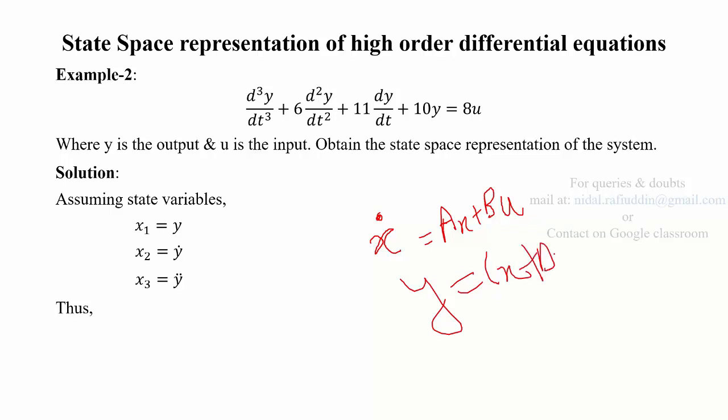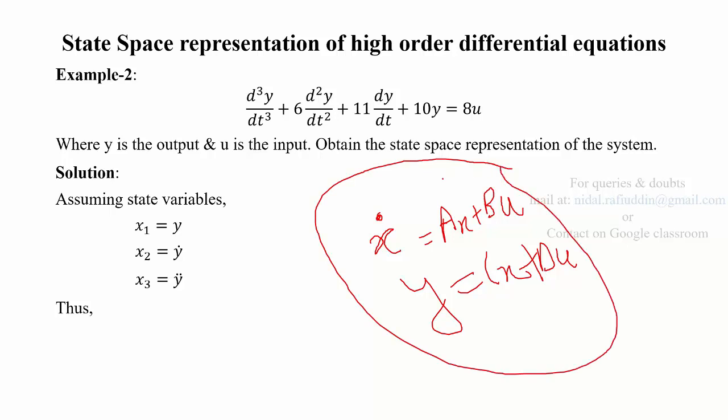Whenever you're asked to find the state space representation, you will have to include this answer at the end. We are required to find a relation between the state change and the state as well as the input, and likewise a relation between the output and the state and input. A, B, C and D are matrices, accompanying some associated constants, which we discussed yesterday and will again try to understand today by solving these examples.